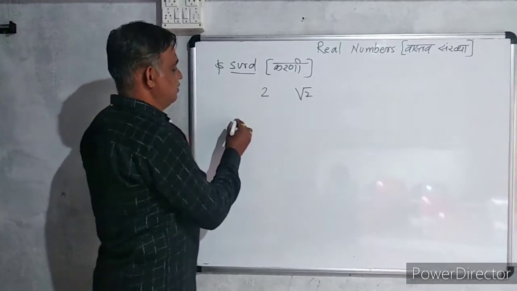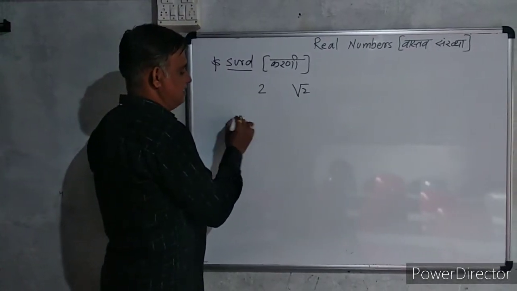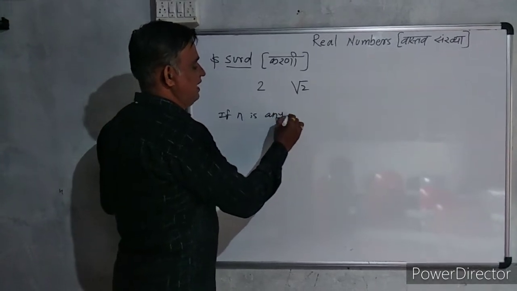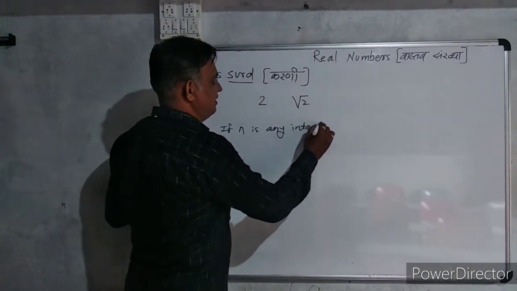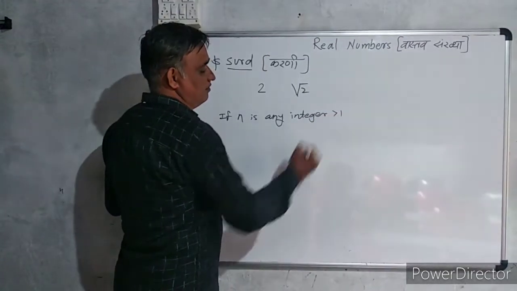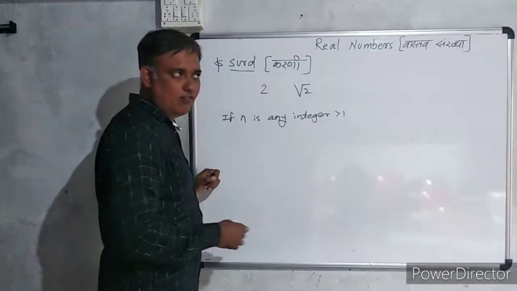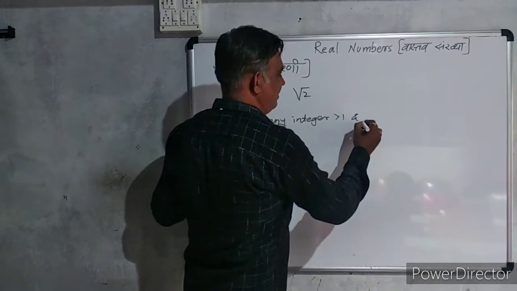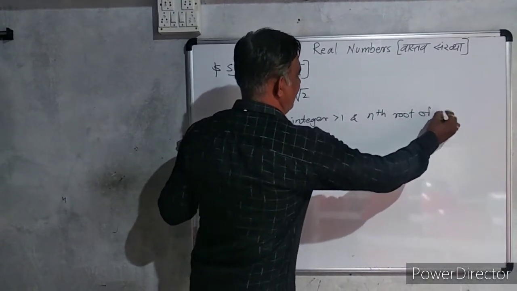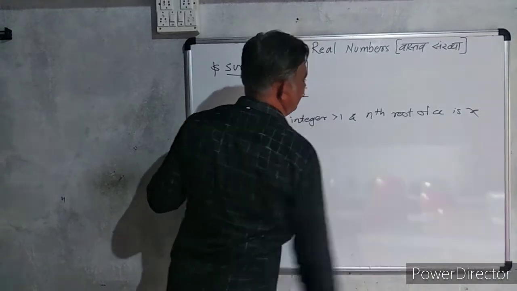Okay. Now suppose n is any integer greater than 1, and nth root of a is x.